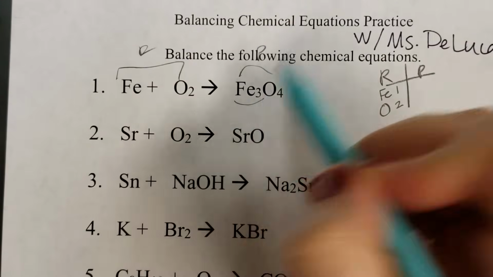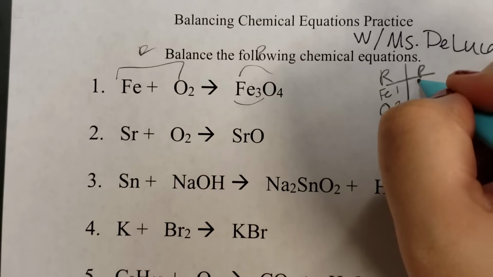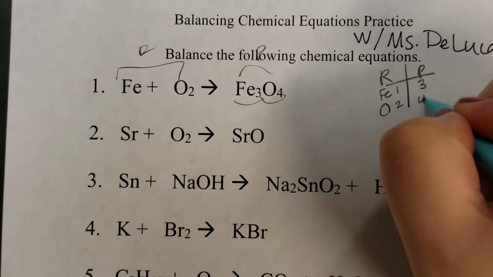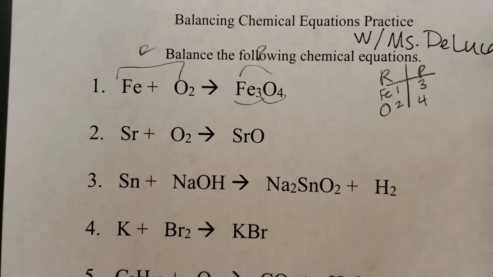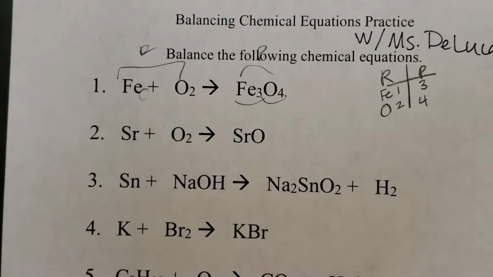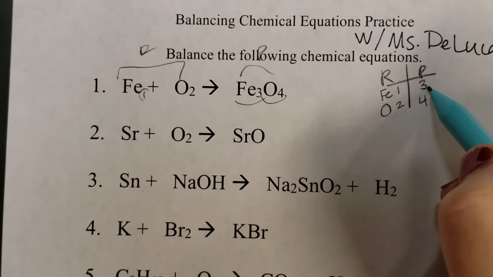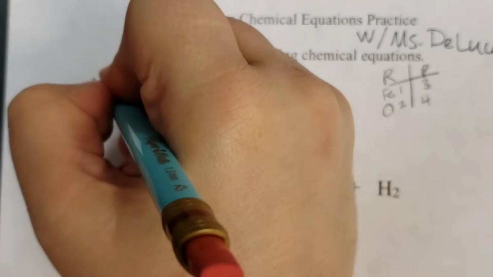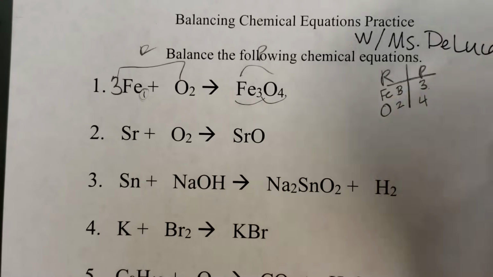Number of iron atoms here is 3, and the number of oxygen atoms here is 4. So we're going to start with the easy one first, which is our ones that have a 1 as their subscript. So we need 3. We can multiply this times 3, which will make this 3.